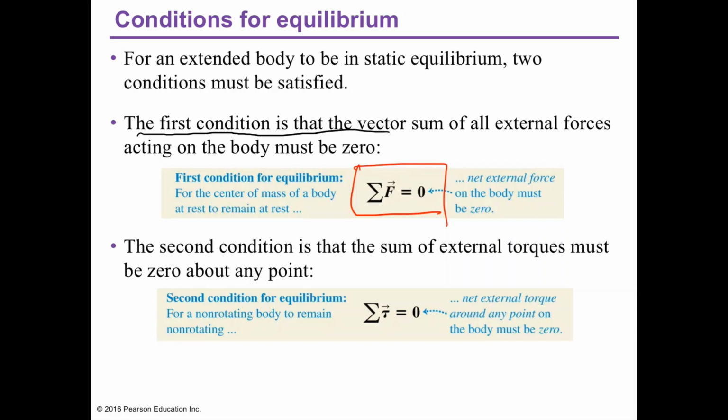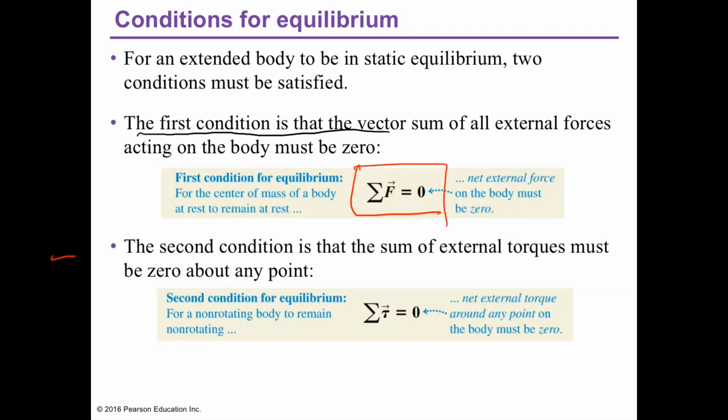However, because in this lecture we're going to talk about extended bodies, there's a second condition for an extended body to be in equilibrium. That is, the body must have no tendency to rotate. This condition is based on the dynamics of rotational motion. It means that the sum of the torques due to all the external forces acting on this body must be zero.